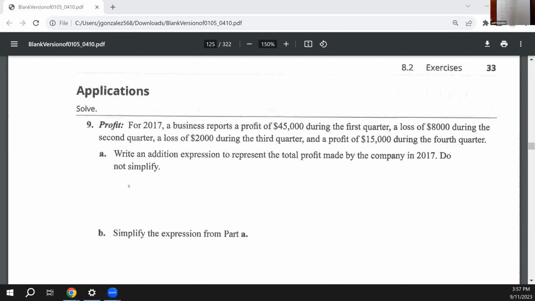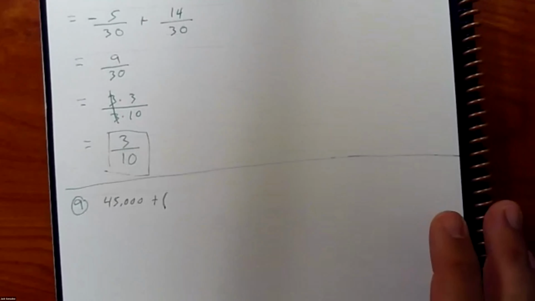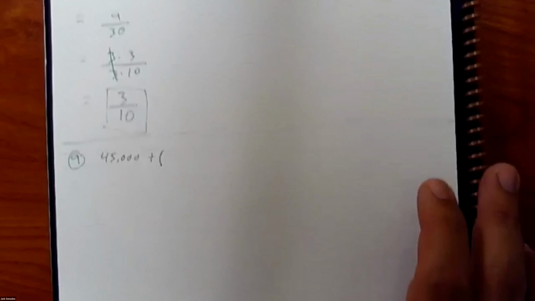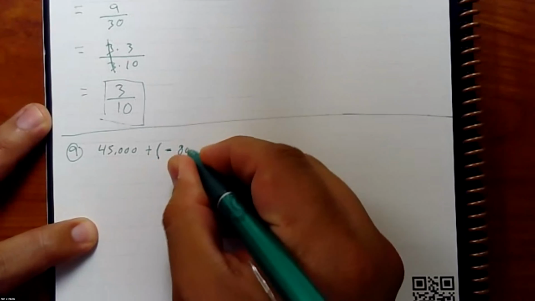And then we can think of it different ways. You can just say plus a negative if you want, or you could do minus. Right? Yeah, let me switch back. You guys have that page anyway, right? Yeah. Okay. All right, so 45,000 plus a negative 8,000.